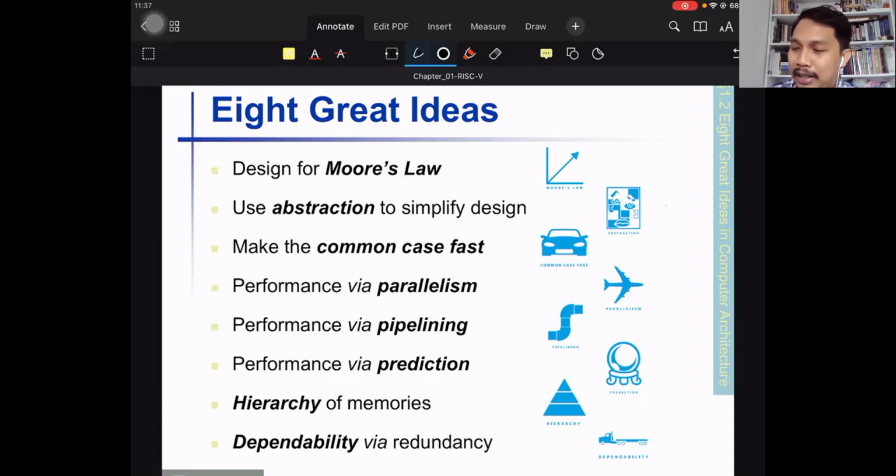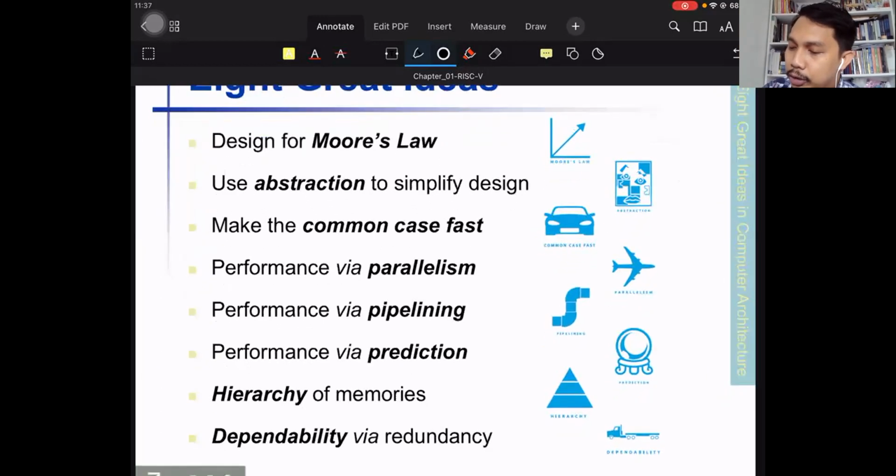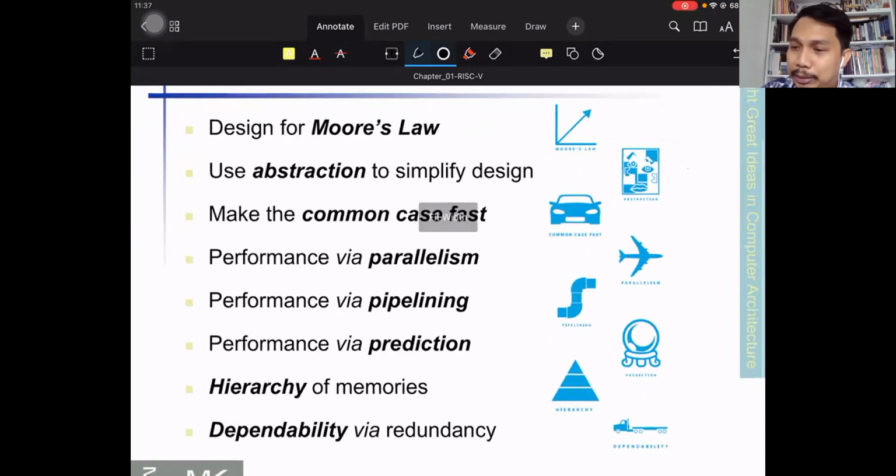All those layers are covered, from the physics layer to the circuits layer to the gates layer. They are all covered by the abstraction of computer architecture, so I could design microprocessors even if my knowledge of digital circuits is minimal. So that's abstraction. I just want to emphasize it because it's a powerful concept.